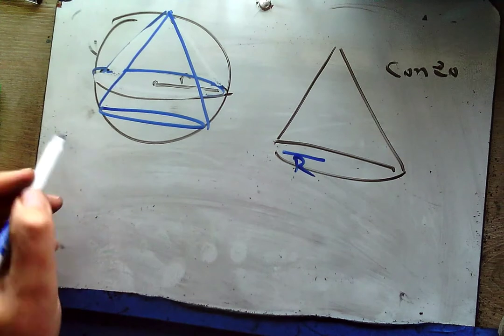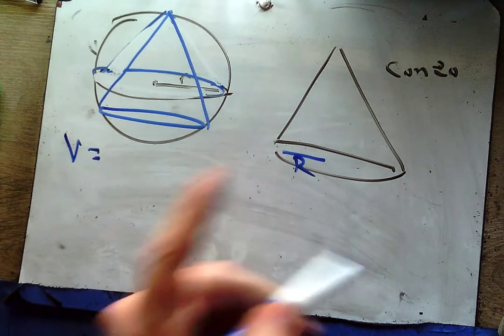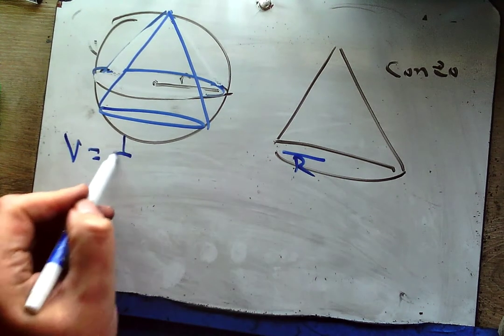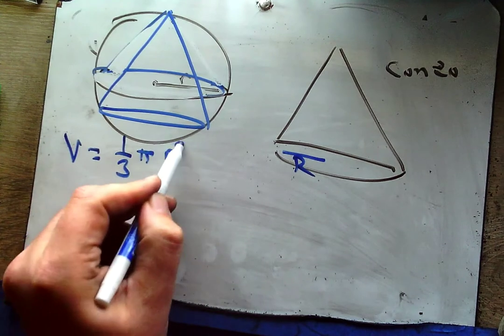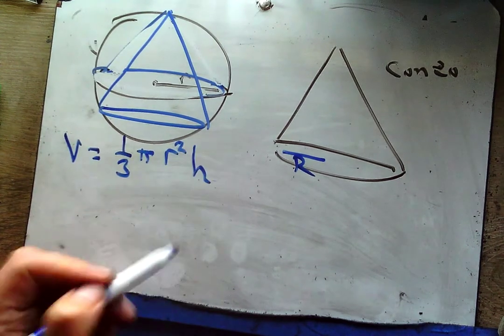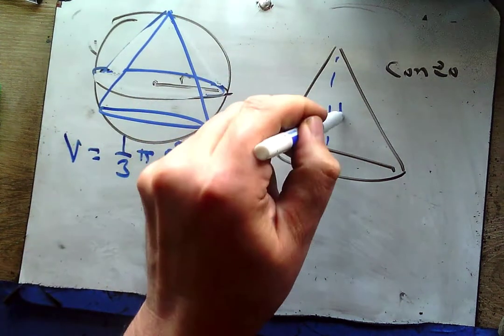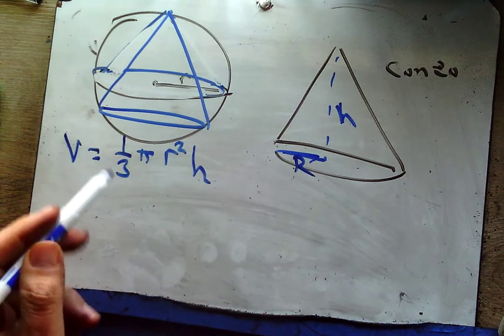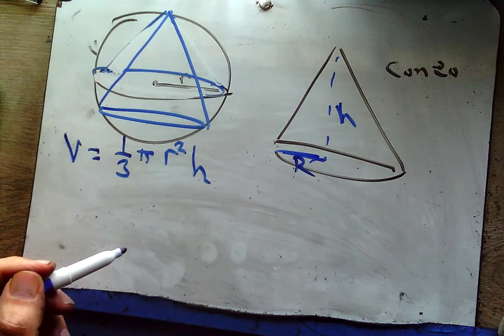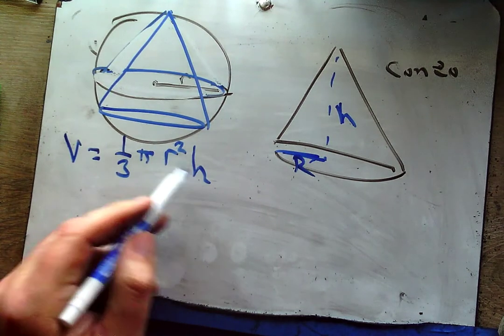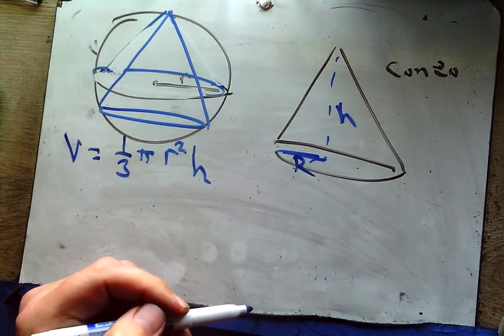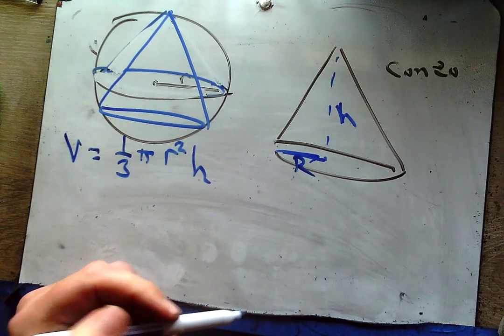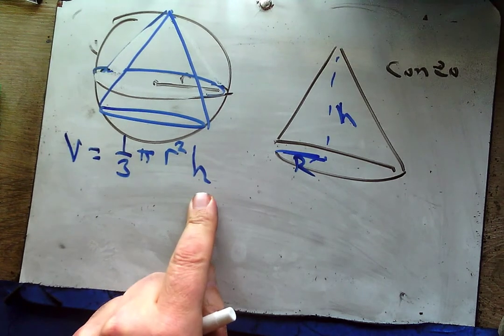Okay, so I need a volume formula. Luckily, you remember the formula for volume of a cone is 1/3 pi r squared h, where this is h and this is r. And so 1/3 pi r squared h is my volume formula. But I would really like volume to be in terms of one variable. And curiously, it's not going to be one of these.